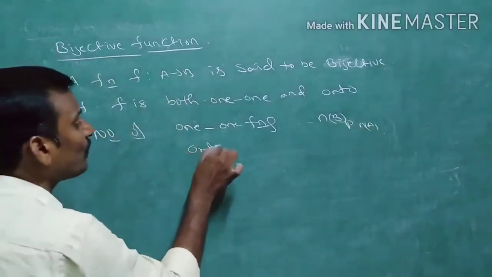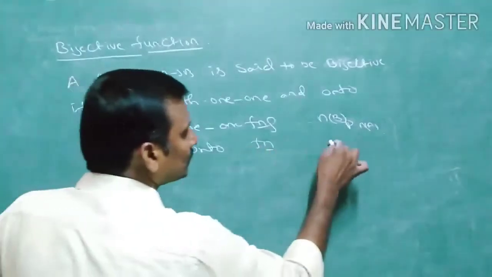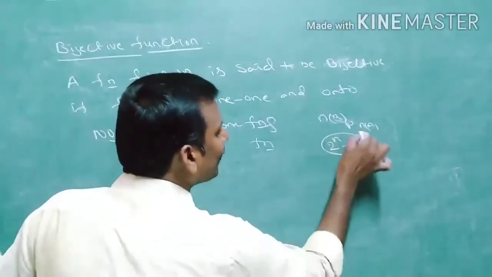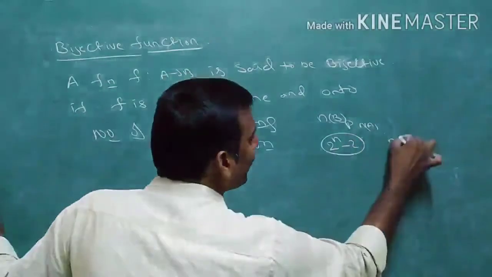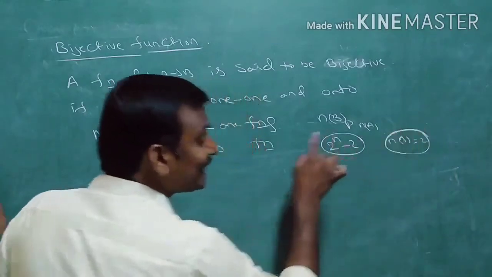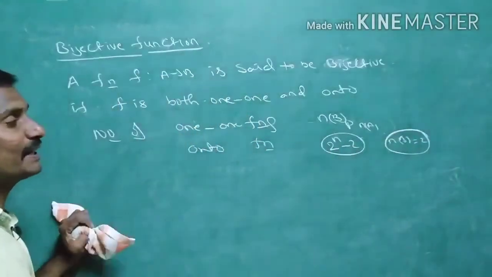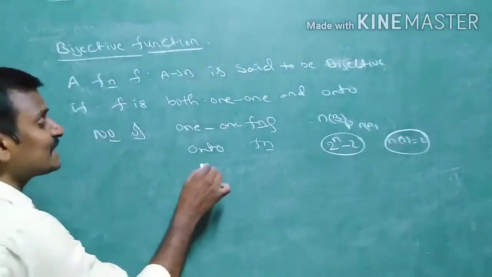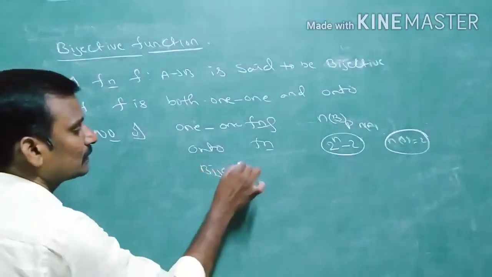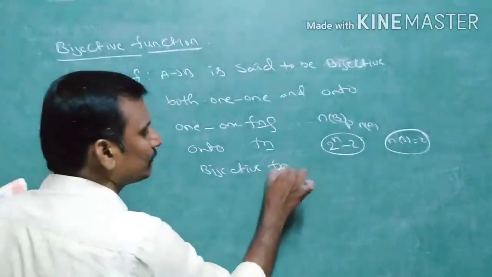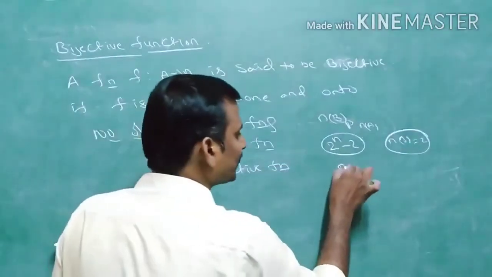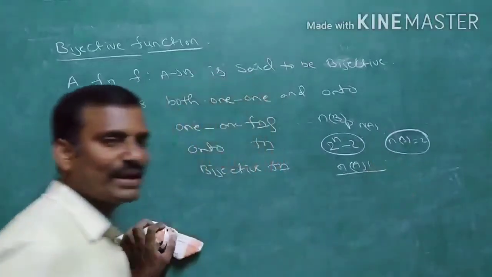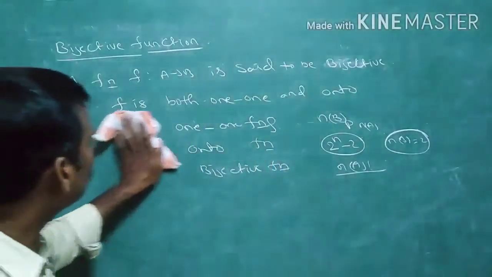Number of onto functions, for set B containing only 2 elements, is 2 power n minus 2. Here set A contains n elements and set B contains 2 elements. Next, number of bijective functions is n(A) factorial or n(B) factorial.